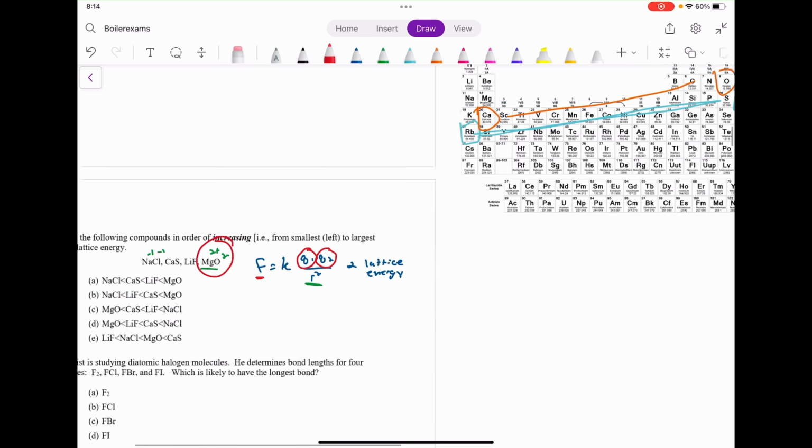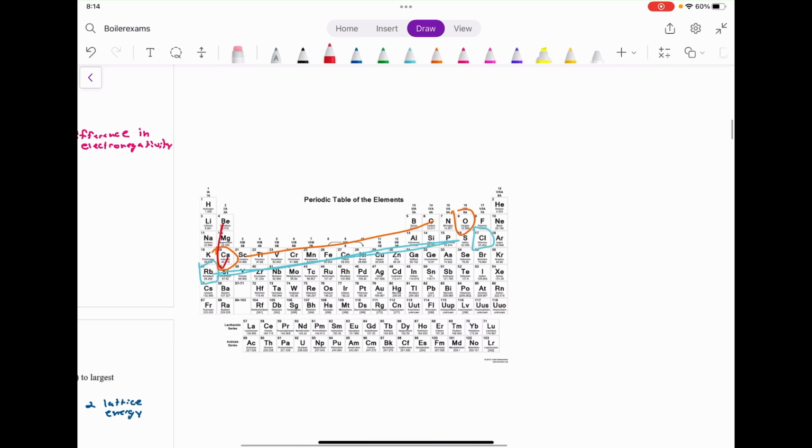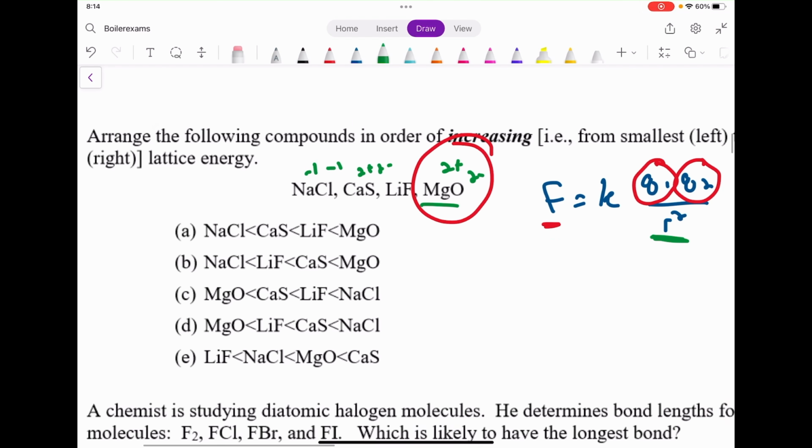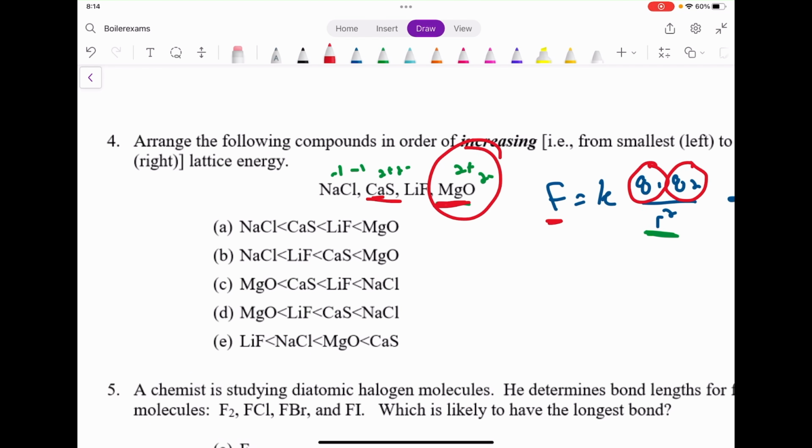I'm assuming calcium sulfide is also 2+ and 2-, since sulfur is right below oxygen. So magnesium oxide and calcium sulfide are my two very high lattice energy ones. If we go in order of increasing, that leaves either E or B.